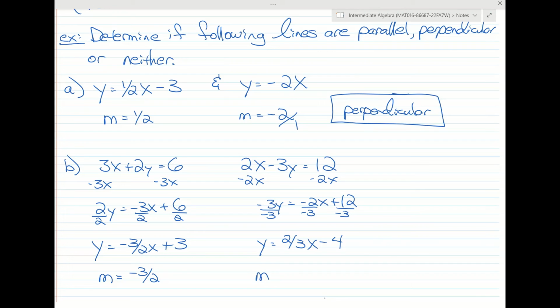The slope for this would be 2/3. Obviously, they're not the same. Are they perpendicular? Yeah, I think they are, right? Because one's negative, one's positive, and 2/3 and 3/2, they're switched. So this is another perpendicular example.